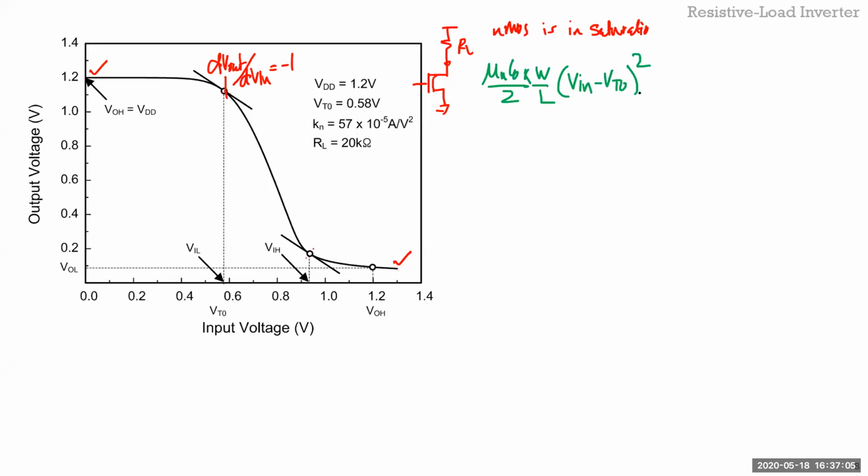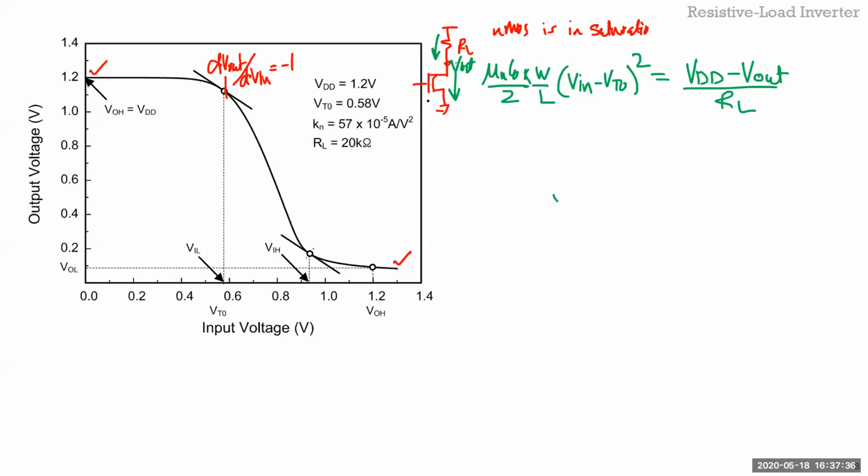So to keep it simple, we'll not include the channel length modulation. So that's your current through the MOS transistor. So that's your IDS, which has to be the same as IRL, right? And IRL is nothing but, so this is your V out. You don't know what it is, so it's going to be VDD minus V out over RL, right?